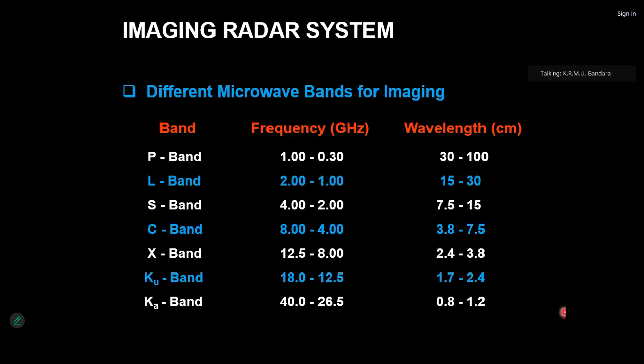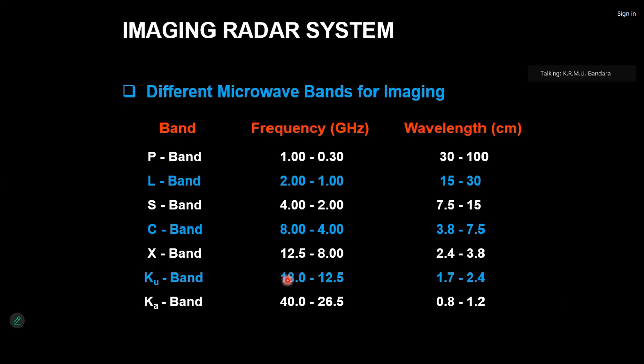In between there is a K-band, you can see 18 to 26.5. Because K was used in World War II, it is divided into two bands. One is called the K upper band, the above band, and this is the under one.